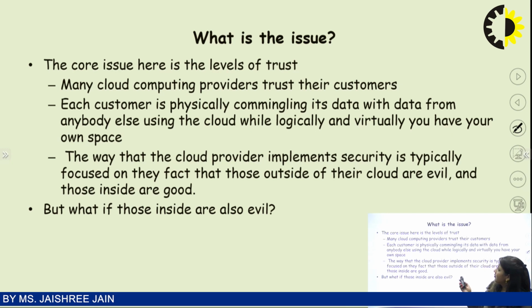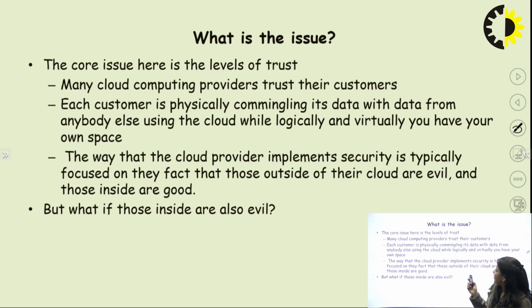What is the issue? The core issue here is the level of trust. Many cloud computing providers trust their customers. Each customer is physically commingling its data with the data from anybody else using the cloud, while logically and virtually you have your own space. So this is a major issue.